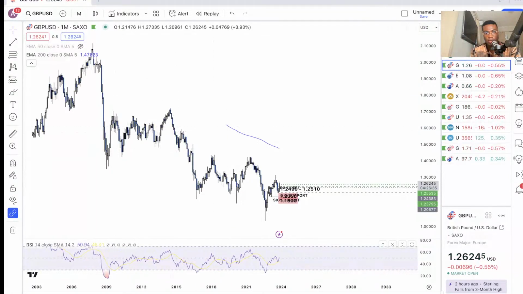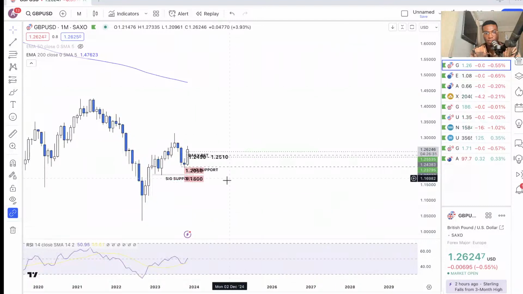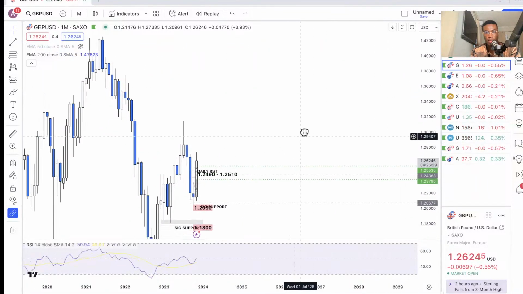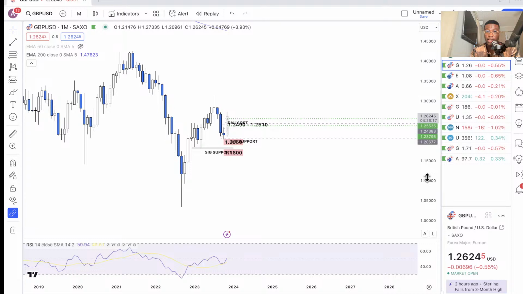So we're looking at the monthly time frame. Just going to zoom in a little bit on the pound dollar. As you can see, for the whole of November, pound dollar has been bullish. You can see it in the candlestick. Again, I'm only focusing on the recent price action because I'm a day trader.